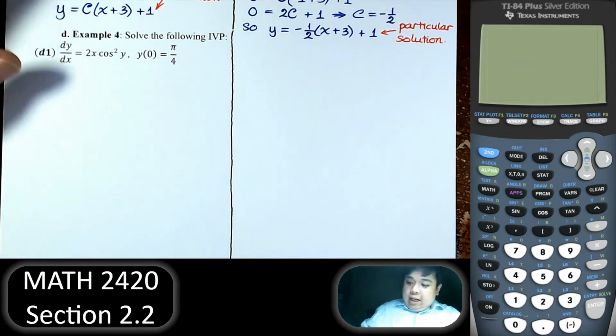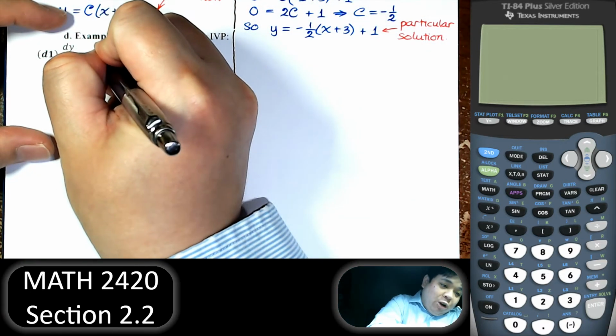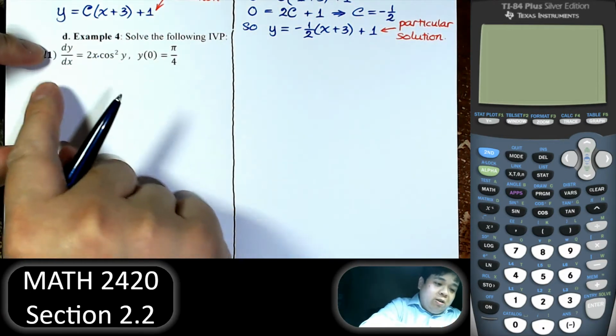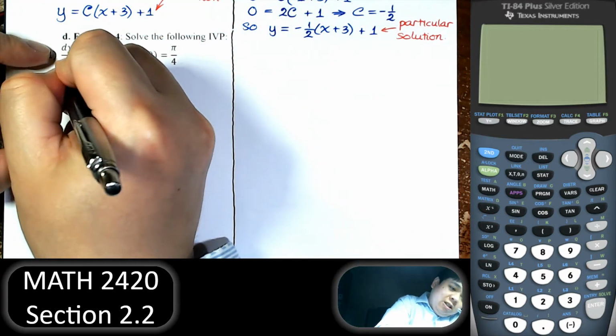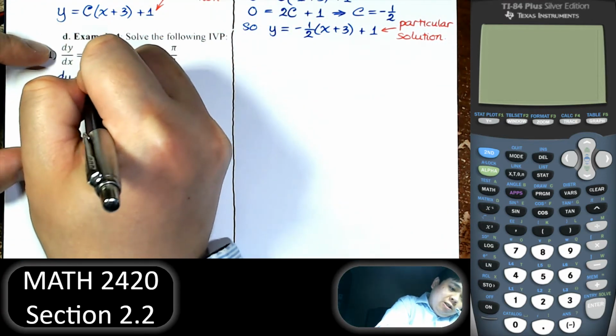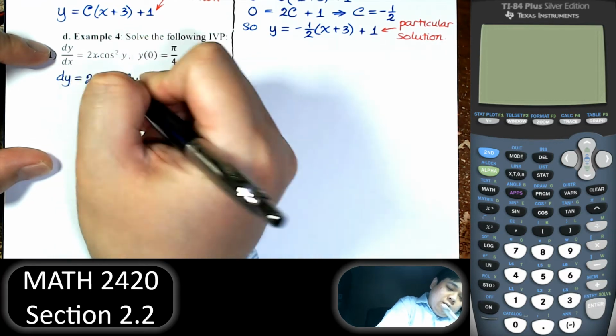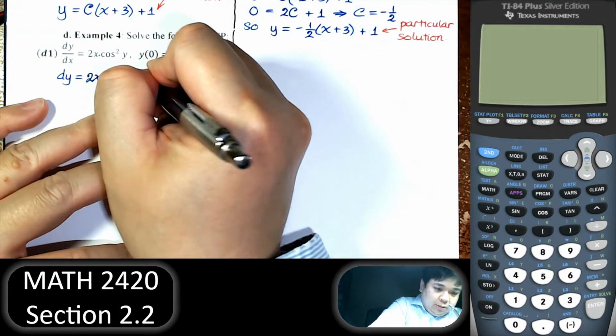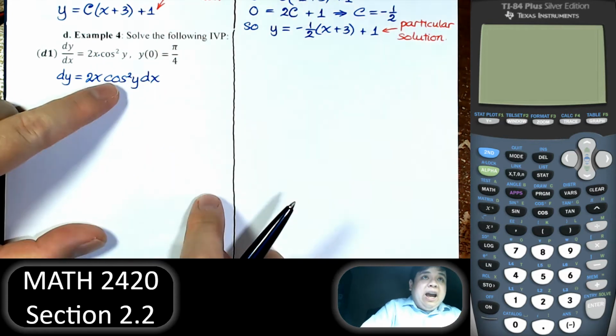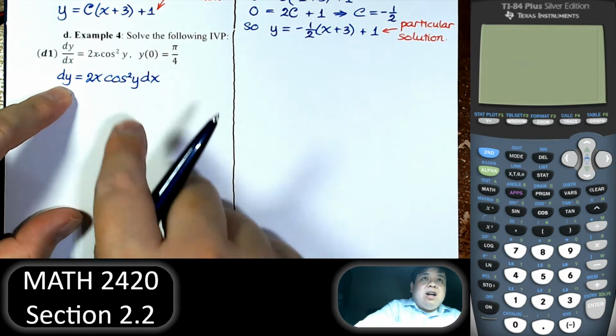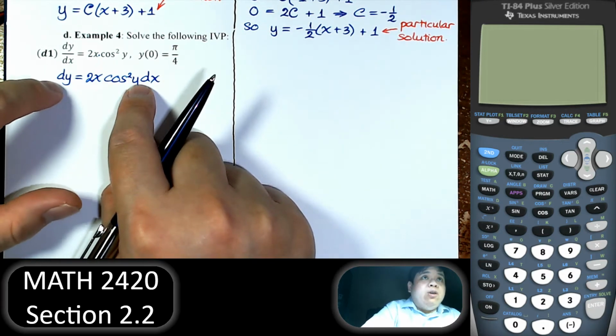So first, this is a separable equation, so try to keep x on one side, y on the other side. First, I move the dx. And then the dy on this side, the x on that side, so move all the y on this side.